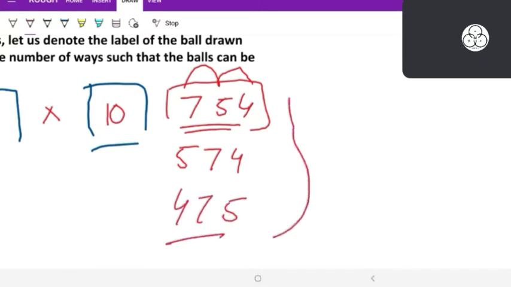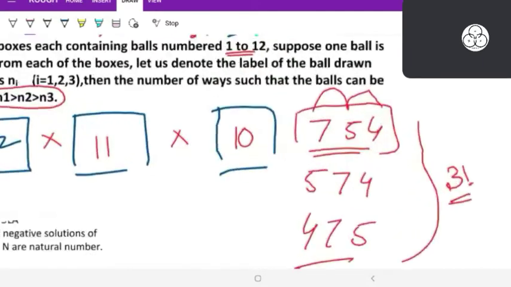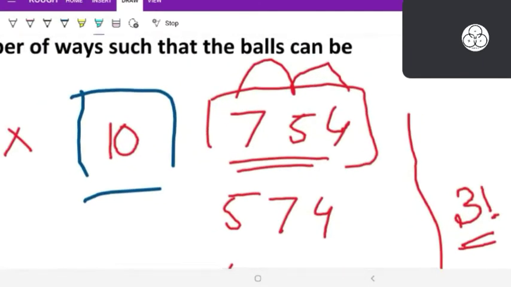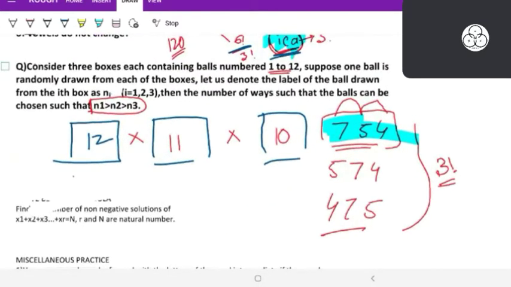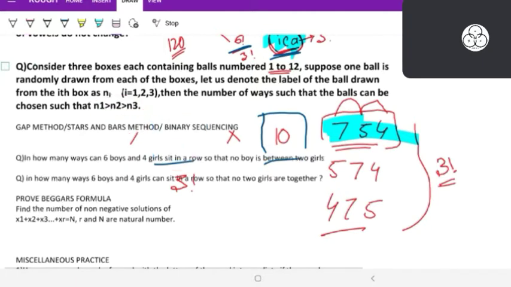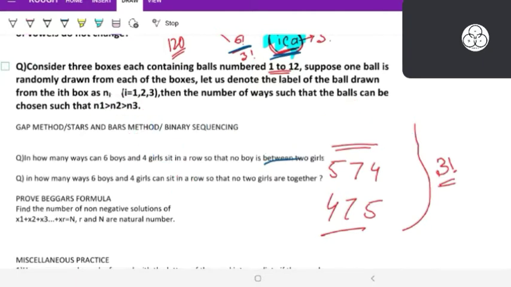Similarly, how many different arrangements are there? 3 factorial. And we need only one possibility among these 3 factorial possibilities, that is this 754. So we will divide this simply by 3 factorial, division principle. And this makes the problem easy. So this was known as Shepard's rule.